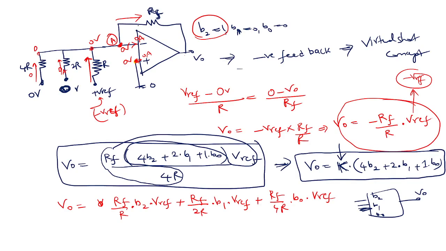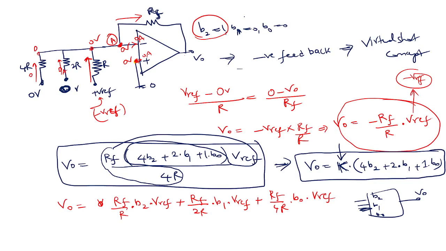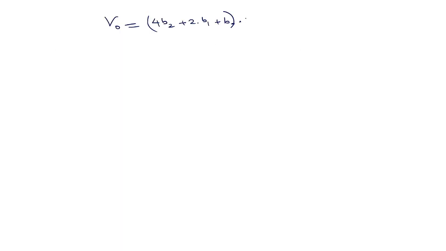So now we will come to the fundamental parameters we have to consider for designing an ADC or DAC, right? If you look at this, this factor is 4 times B2, 2 times B1 plus B0, into K, where K is RF into V reference divided by 4R.